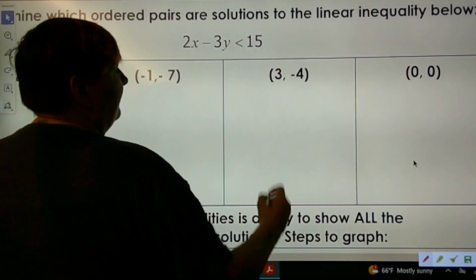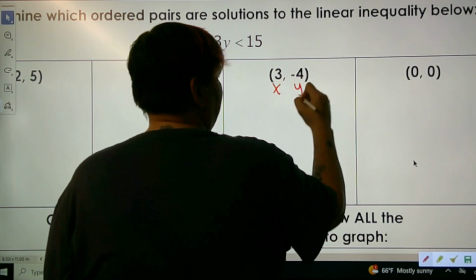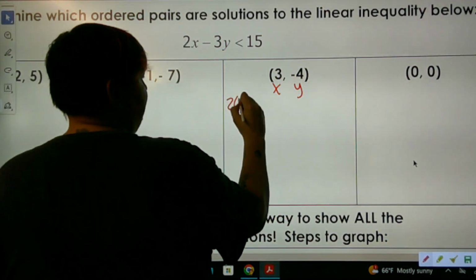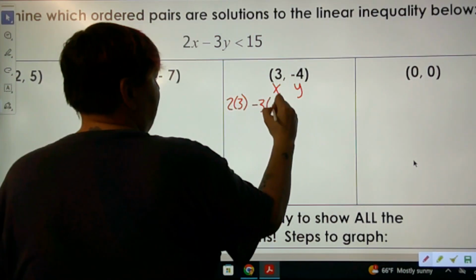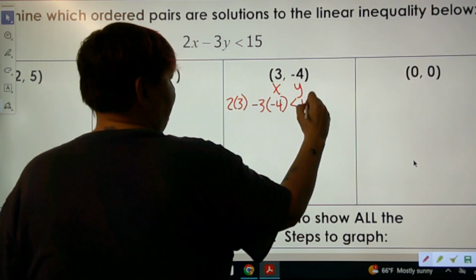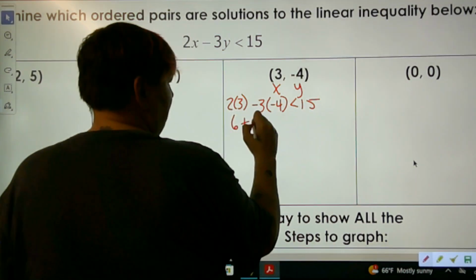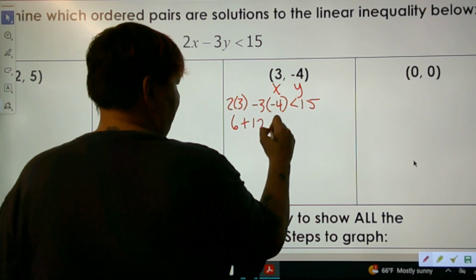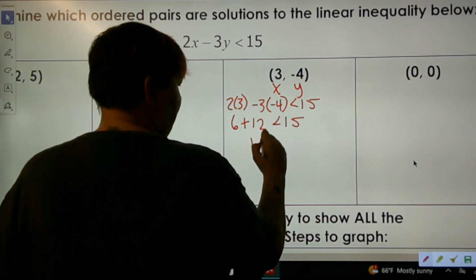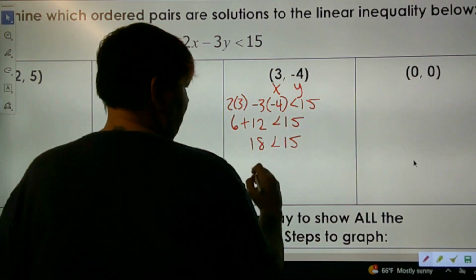Okay. x, y. 2 times 3 minus 3 times negative 4 is less than 15. 6 plus 12 is less than 15. 18 is less than 15.